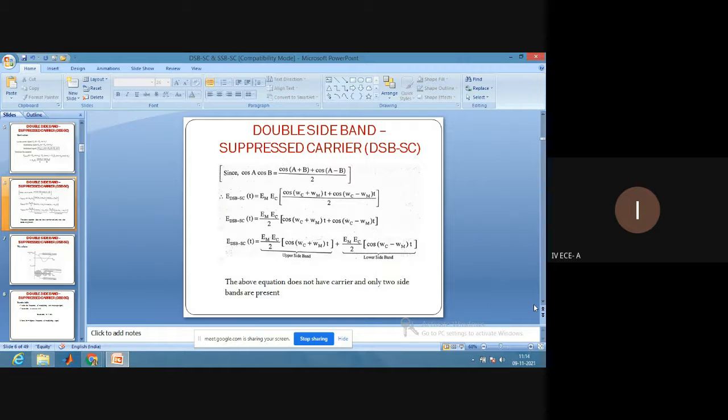And another term in the modulated signal is E_m E_c by 2 cos (ωc minus ωm) t, which is nothing but the lower sideband. So from the above equation, we can conclude that this double sideband suppressed carrier will carry only two sidebands and it does not carry any carrier signal.